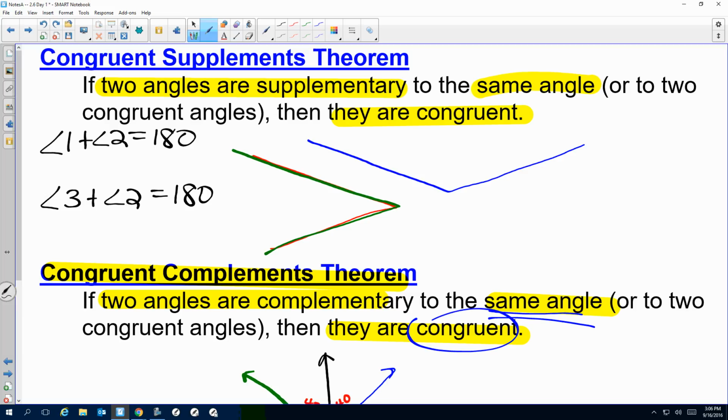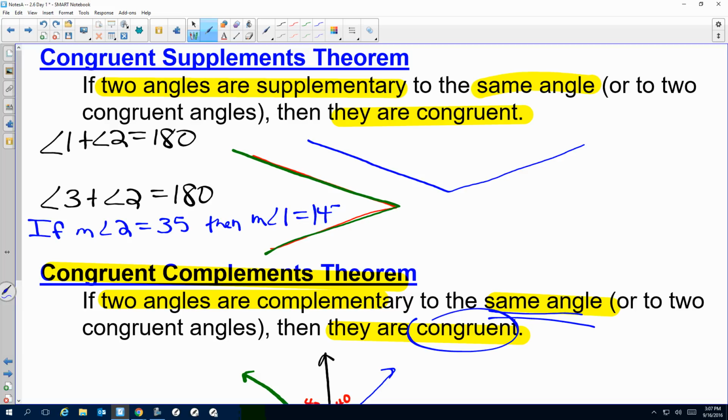So when solving using supplementary angles, let's say the measure of angle 2 equals 35. Then the measure of angle 1 would have to be what? I heard it, what? 145.